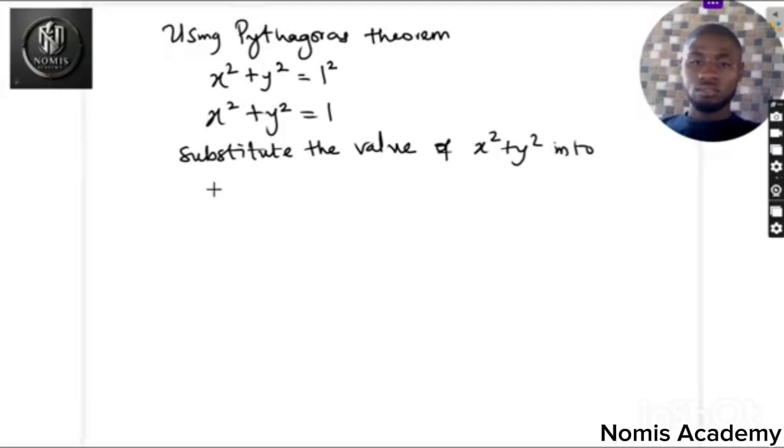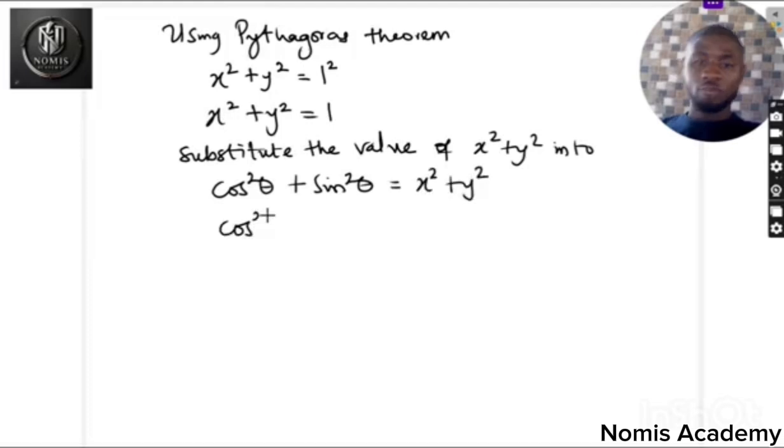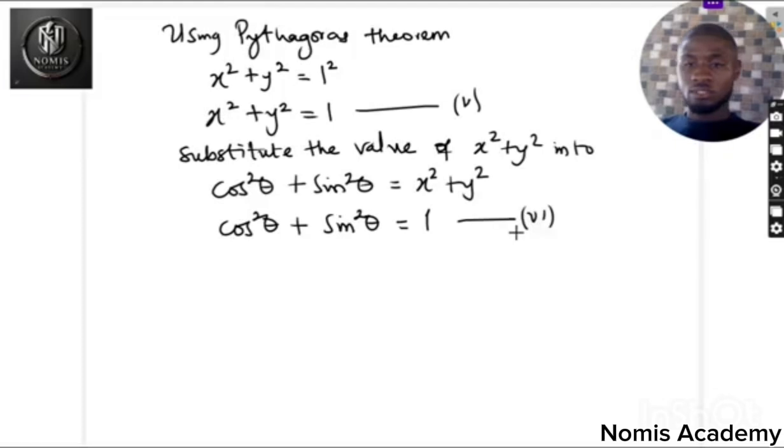So cos squared theta plus sin squared theta, which is equal to x squared plus y squared, becomes 1. Let's call this our fifth equation. So let's take this to be our sixth equation.